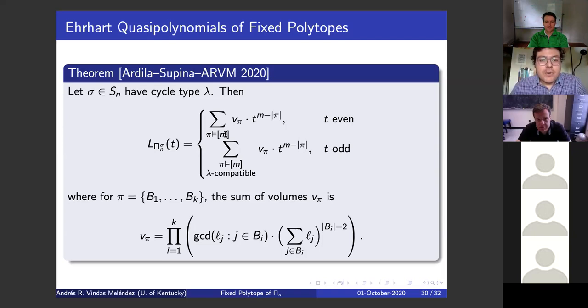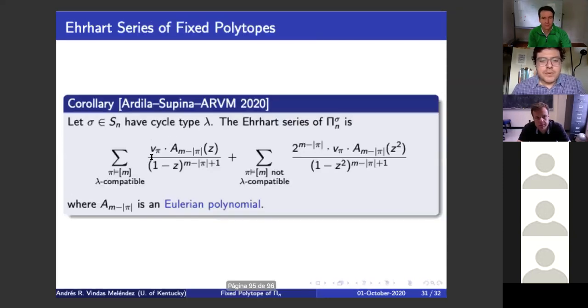And so in the proofs of these things, we do rely a little bit on some graph theory, but in general, we're just really caring about the size of these cycles. And so we write v sub pi to be this sum. But yeah, this Ehrhart quasi-polynomial is the lattice point enumerator for these fixed polytopes.